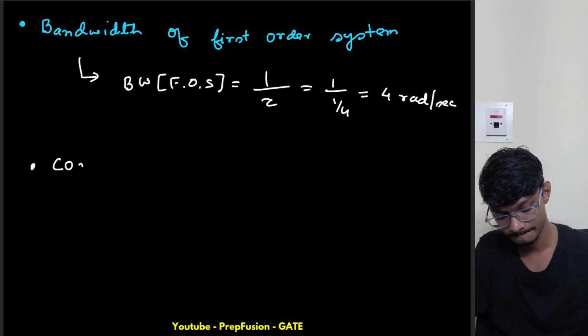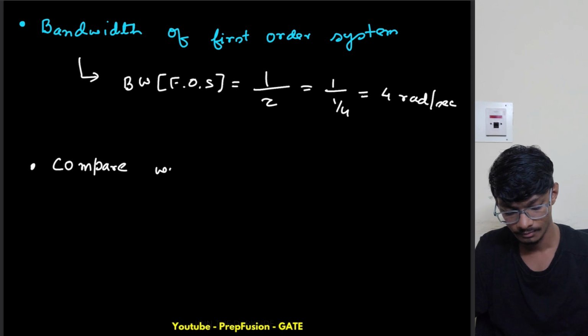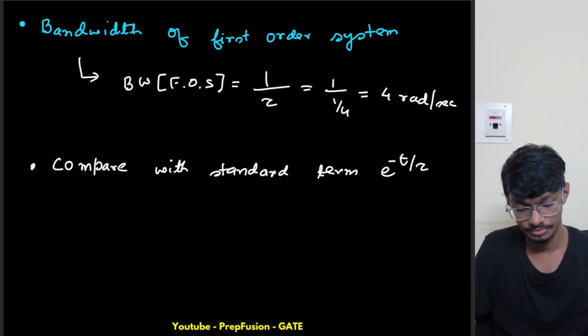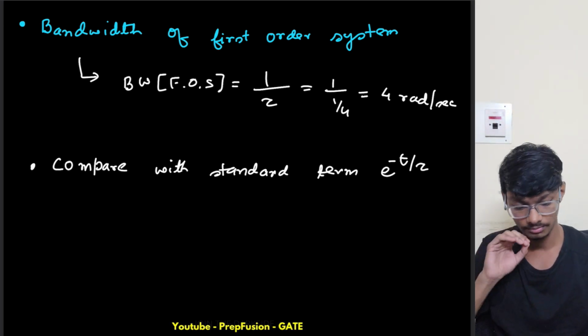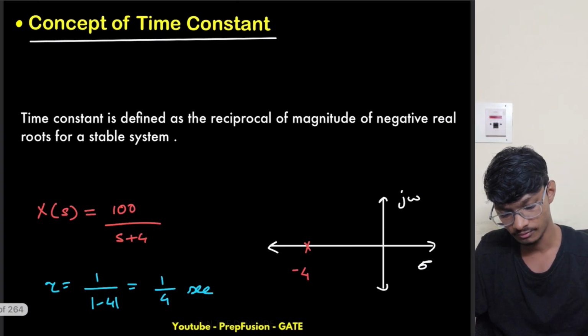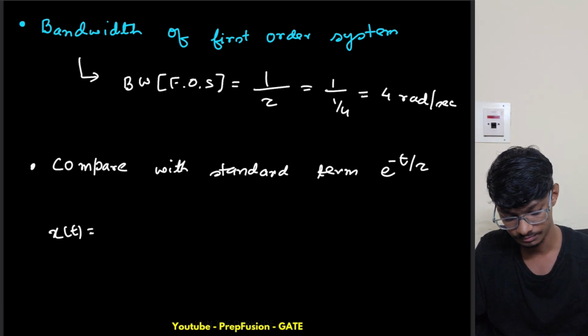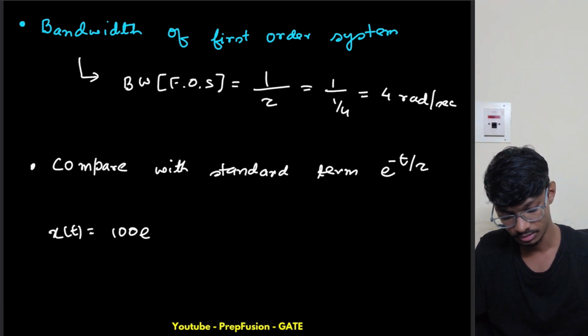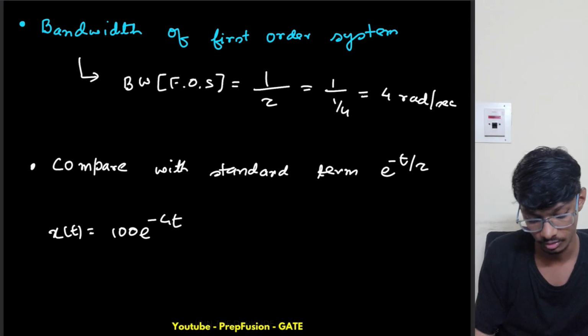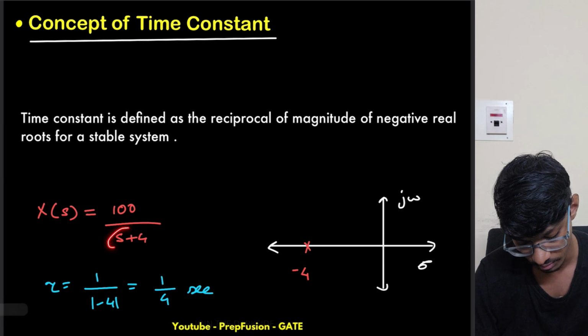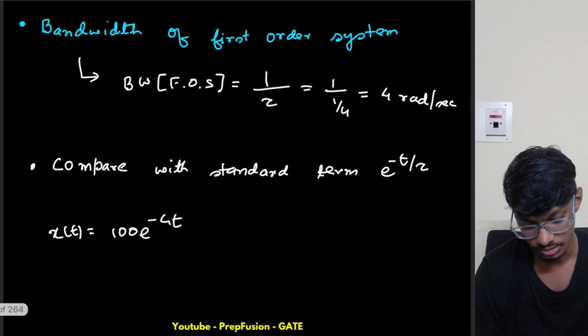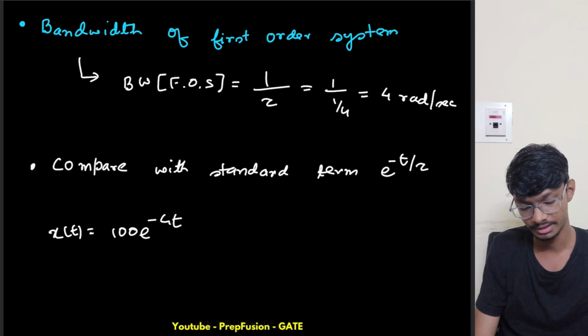So if I solve for this transfer function in the time domain, what do I get? x of t equals 100 e raised to power minus 4t.